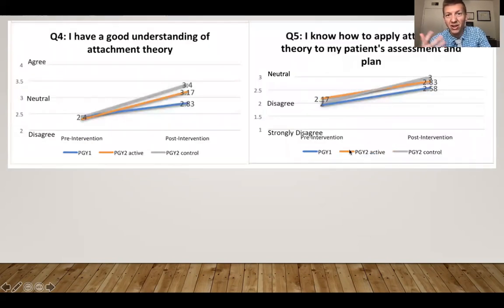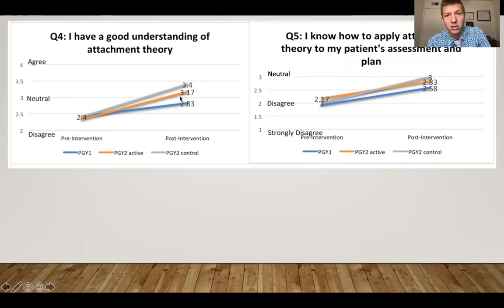And then more specifically on the secondary aim, we did show some improvements. Interestingly, the PGY1s and PGY2s were packed in the same area of answering on the baseline, just below neutral, or halfway between neutral and disagree. And overall, they went up about a point or 3/4 of a point in regards to question 4.